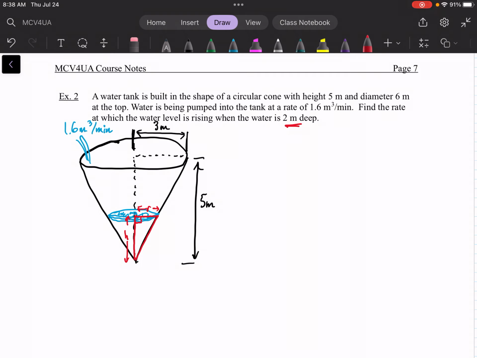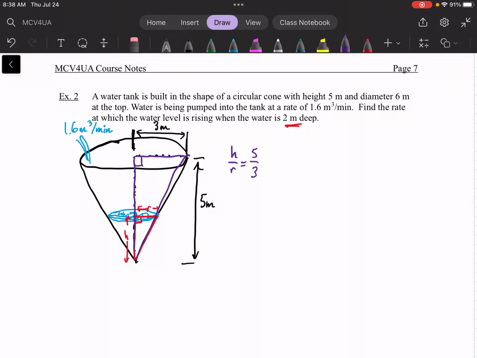But you do realize that this right angle red triangle that we have here, and this right angle triangle that I'm drawing right in here now, in purple, are similar, so what we can say is h over r is equivalent to 5 over 3. Now I'm not going to do anything with this at this moment.